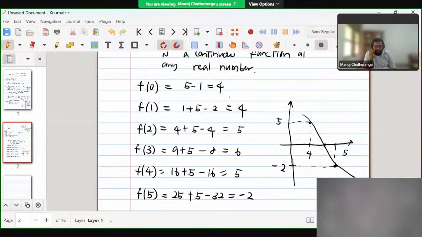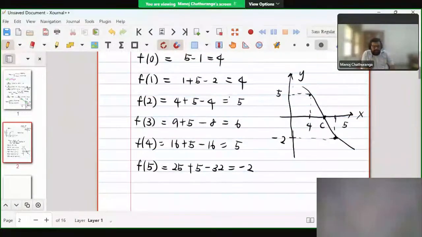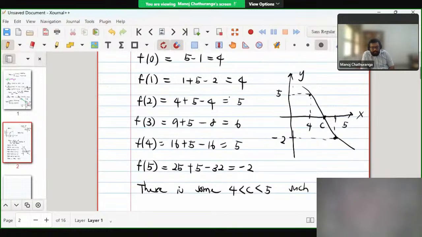So somewhere between 4 and 5, it should have crossed the x-axis. So at this point, y value is c. So there is some c value between 4 and 5 such that f of c equals 0.